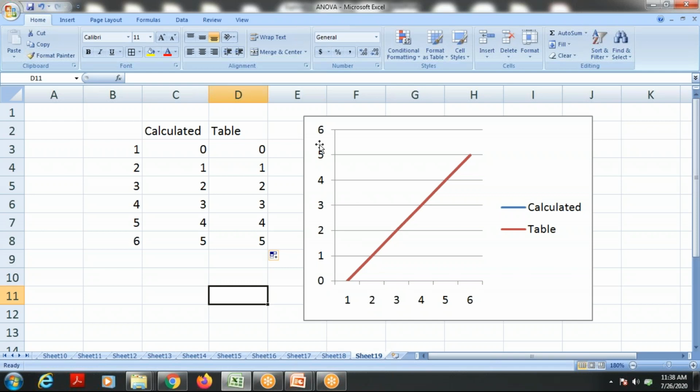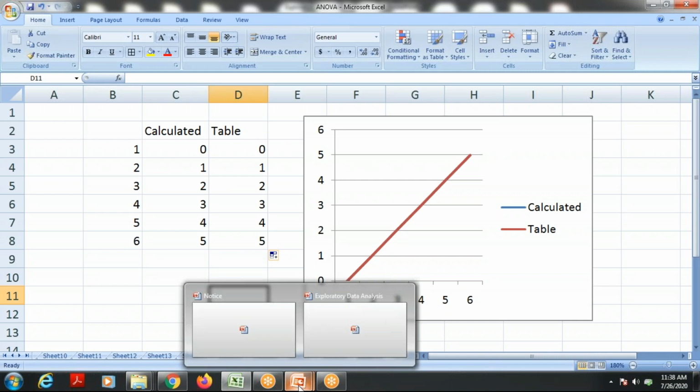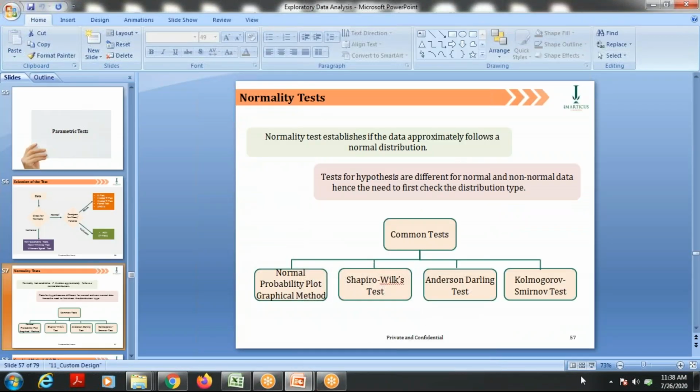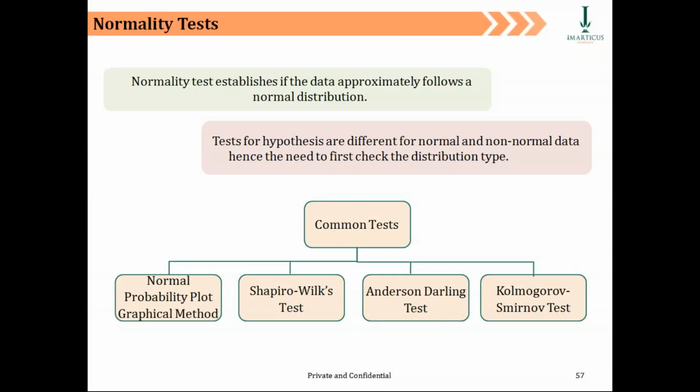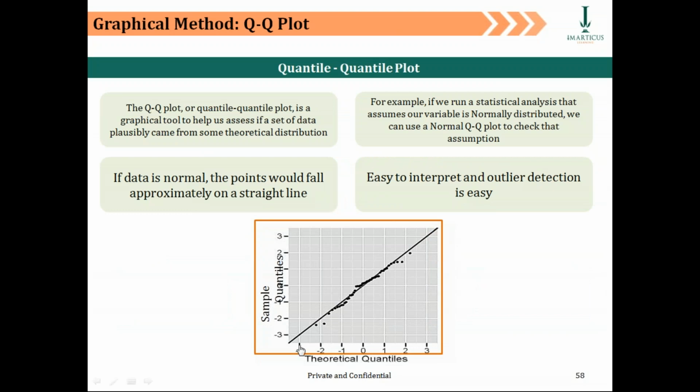Now, if you plot your calculated value and the table value, and that plot follows this 45 degree angle, that is an indicator of normal distribution. That's what your next slide is saying. Look here: sample and theoretical. Sample means the calculated value from your data, and theoretical means the table value.